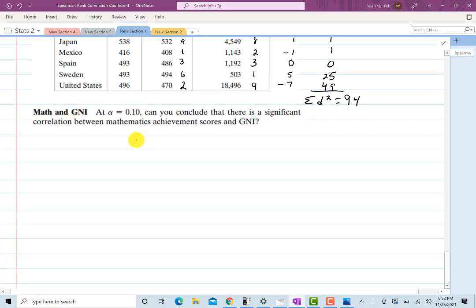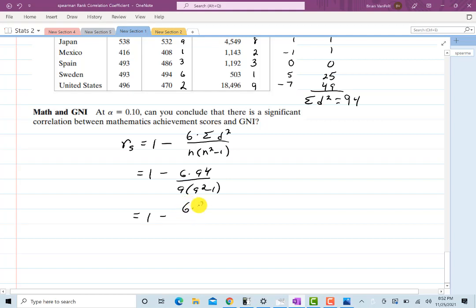For a test stat then, R sub S equals 1 minus 6 times the sum of the d squareds all over n times n squared minus 1. That equals 1 minus 6 times 94 divided by 9 times 9 squared minus 1. That equals 1 minus, I'm not going to do any multiplication on my own. I'll let my calculator do all that. But I'll have 9 times 80 just as in the previous problem.